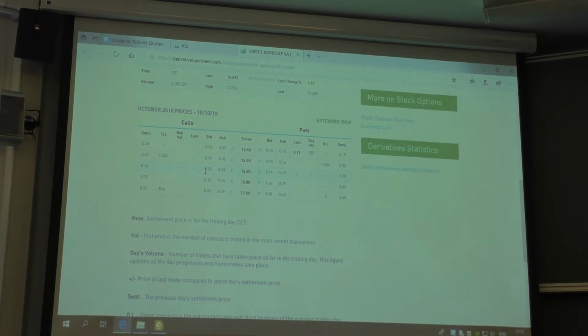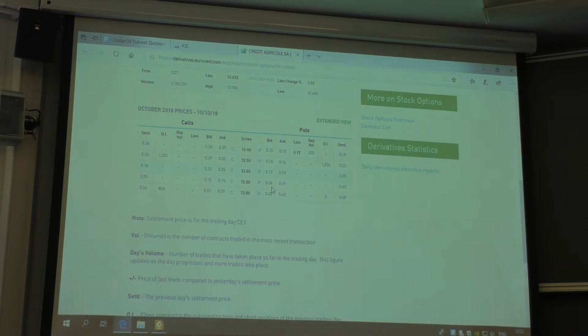If you want to buy one of these call options, so we're talking about a call option on shares in Crédit Agricole with a strike price of $12.60 and expiring sometime this month, then you're going to be paying 25 cents if you're buying them, and you're going to get 23 cents if you're selling them. And similarly, for American put options with strike price $12.80, if you buy this stuff, you pay 29 cents.